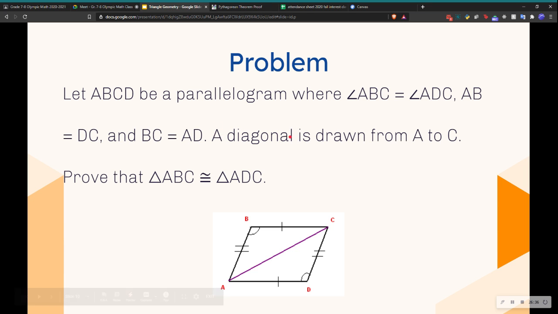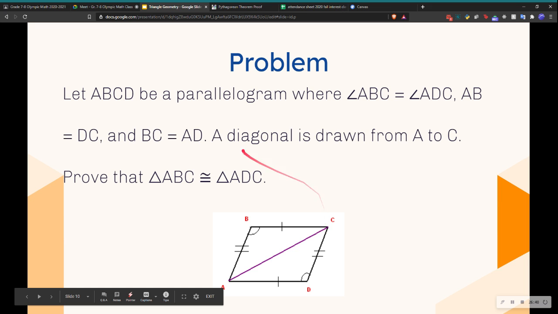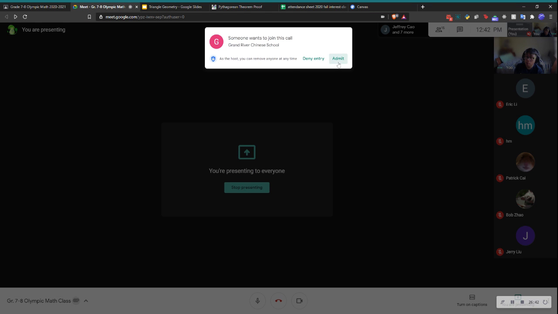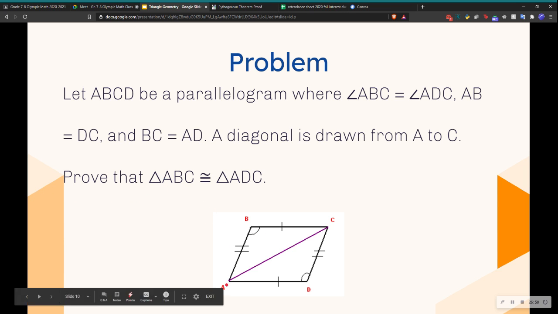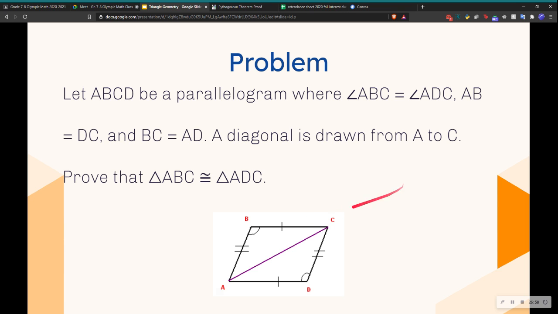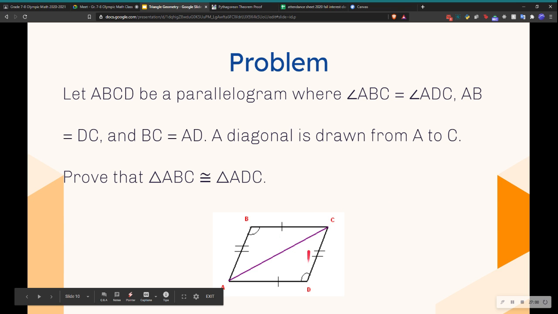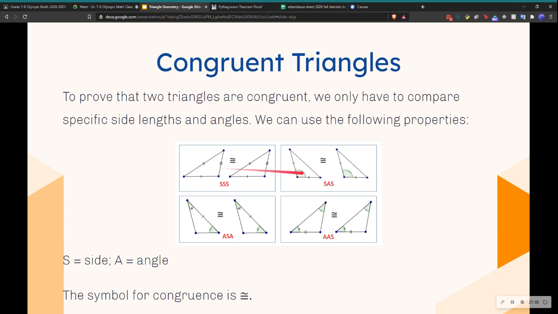Then a diagonal, or line, is drawn from vertex A to vertex C. The problem states that you have to prove that triangle ABC is congruent to triangle ADC. You can use any of the four methods that I showed in the previous slide.